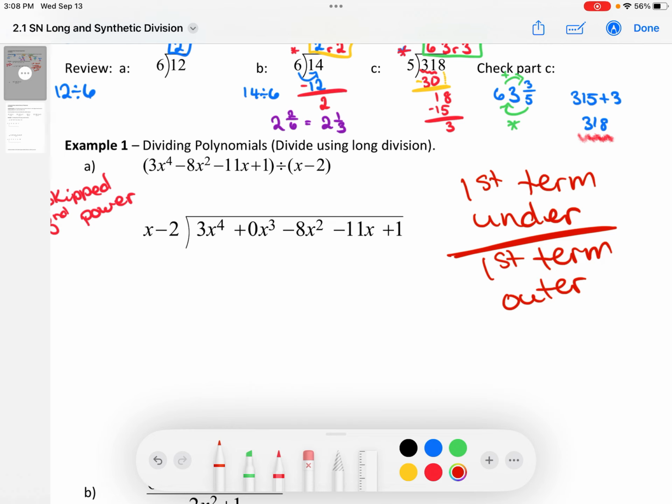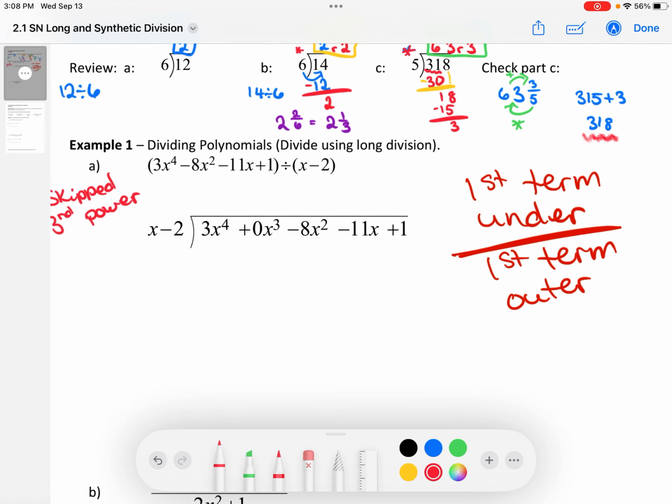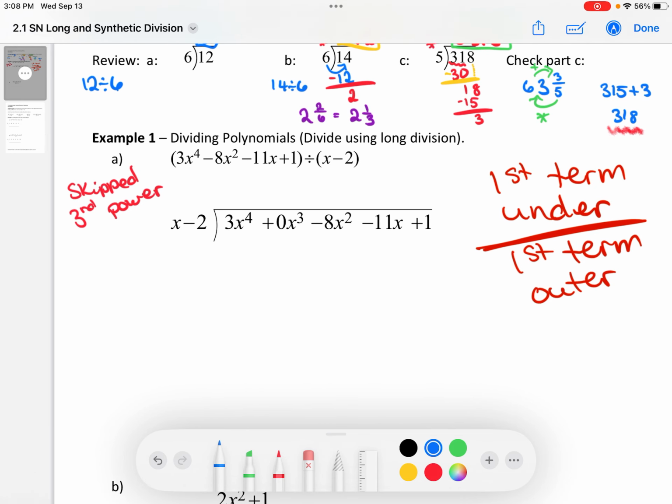So let's look at this first division. We have 3x to the fourth as our first term under. So 3x to the fourth, we divide that by x. That divides off 1 power of x. So that's 3x to the third. That's the first thing that goes on top, is 3x to the third.